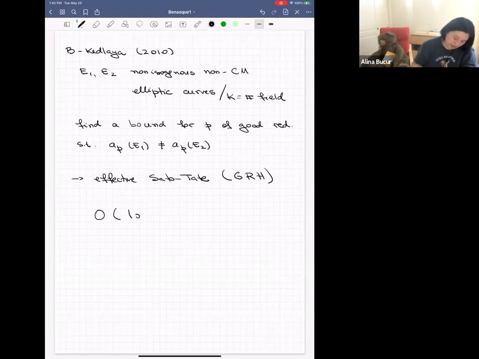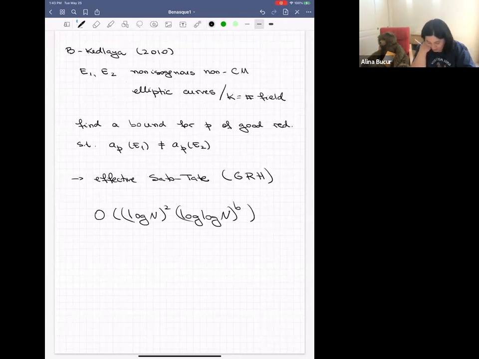Serre actually gave us the roadmap in his collected work. In general, you prove a bound of the form (log N) squared times (log N) to the power b, where N is the product of the conductors of the two curves. The name of the game is to make this b equal to 0.